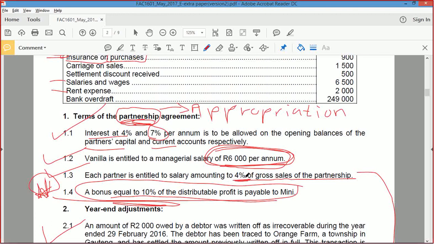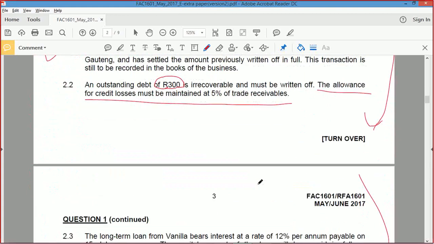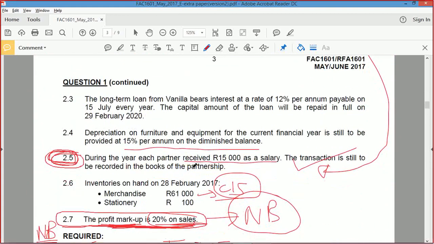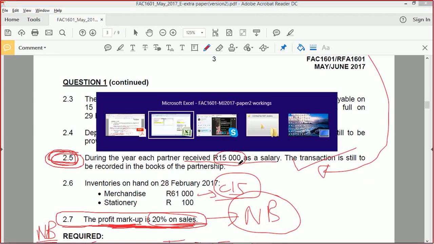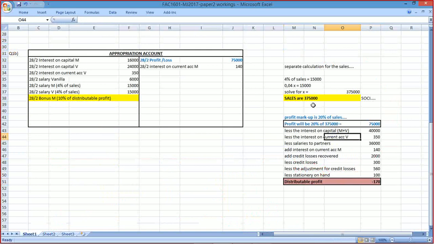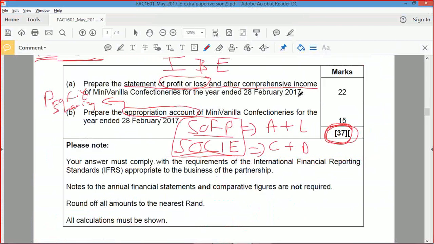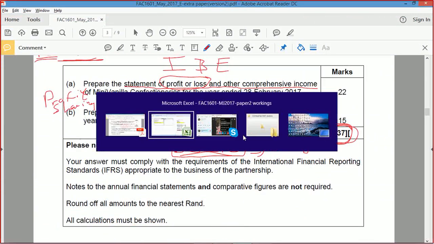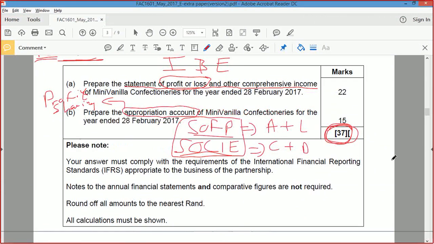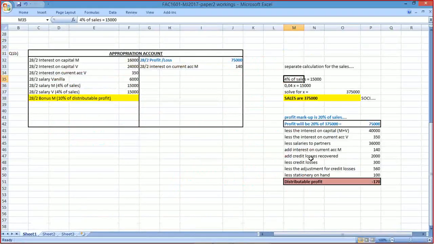each partner is entitled to a salary of 4% of gross sales. So 4% of gross sales, which we know is 15,000. Unless 4% of sales gives you the salary, but they both got the same salary, didn't they?